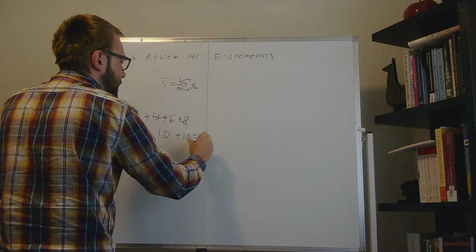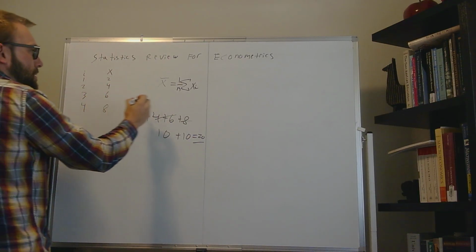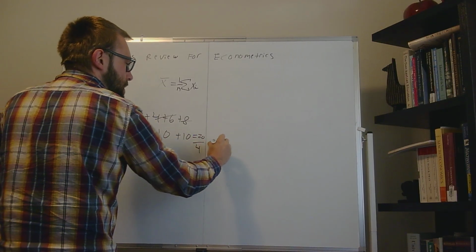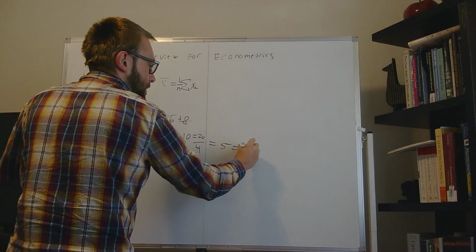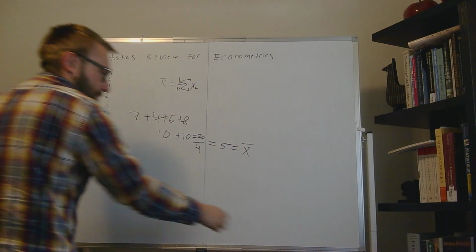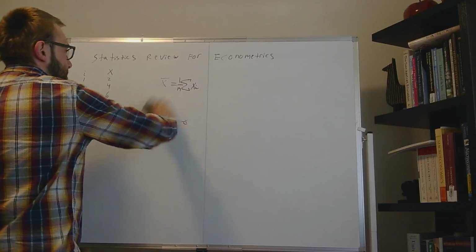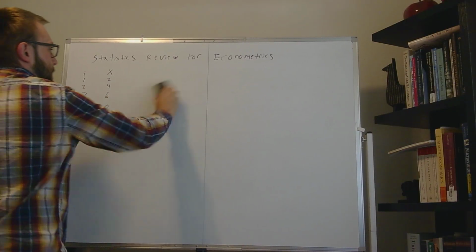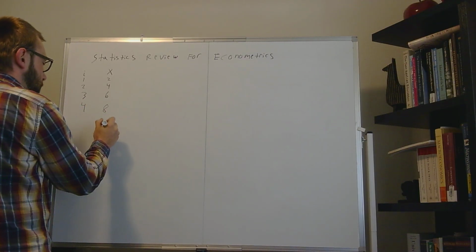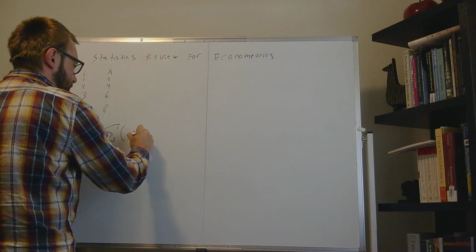That's going to equal 20. And then divide that by the number of observations, n, which equals 4. So that equals 5, equals the sample mean. So keep that in mind, that 5 is our sample mean for this.